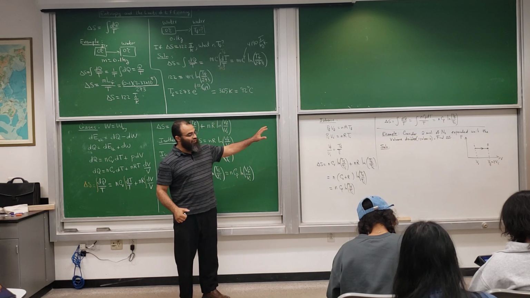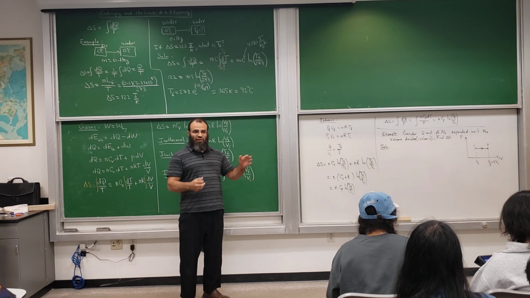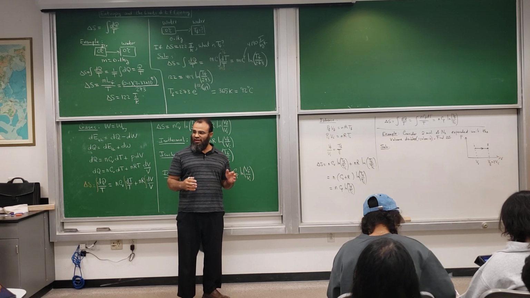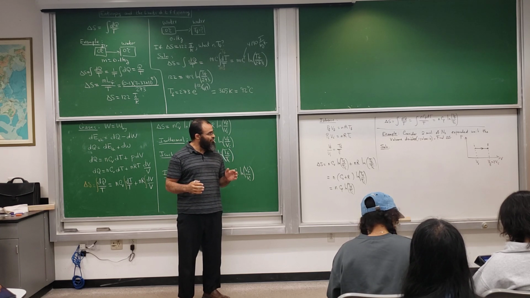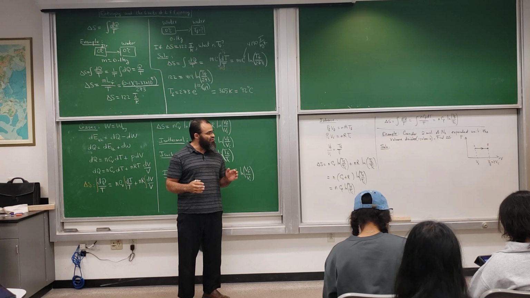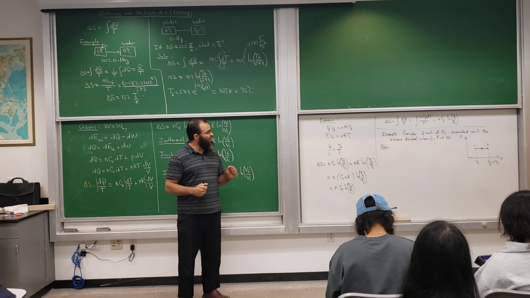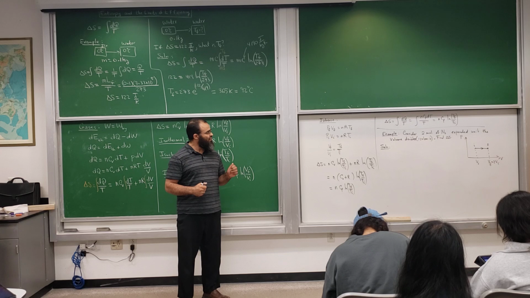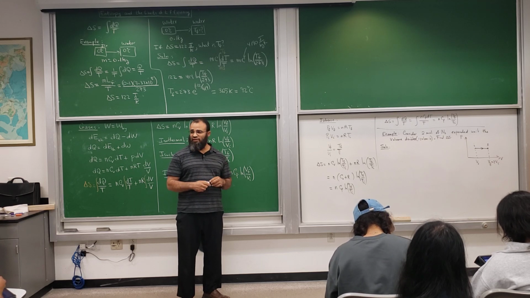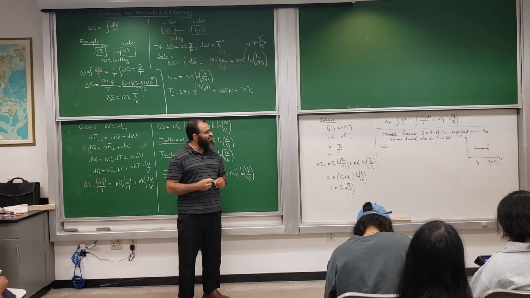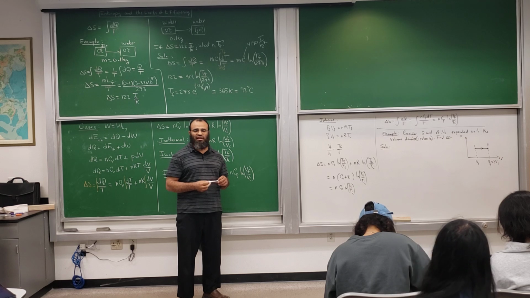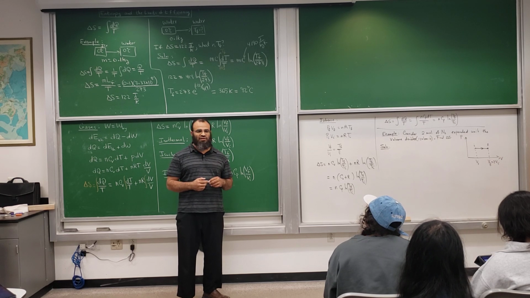So 2 moles of nitrogen, N2, are expanded isobarically. The pressure stays constant, but they expand until the volume doubles. So what's the change in entropy there? How do you expand something at an isobaric pressure? Keep the pressure constant.